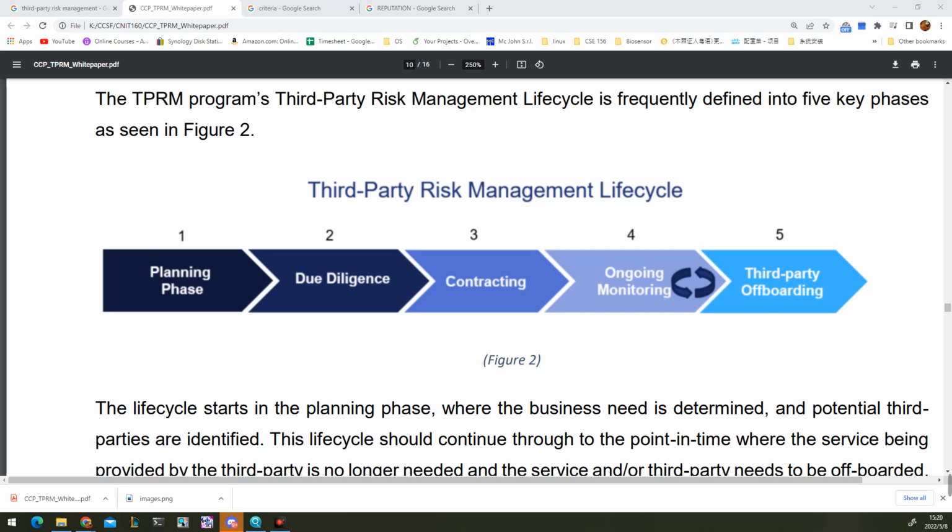And then it's the transferability risk. It means: can this third party be replaced if the third party is no longer meeting business needs? So we choose this third party. Is it replaceable? If replaceable, it means we can have more choice.